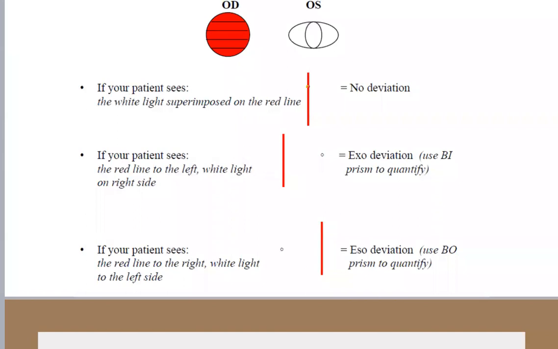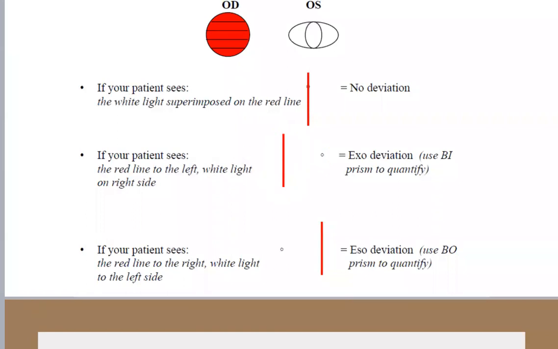But if the patient is orthophoric, there is no deviation. The patient has no manifest or latent strabismus. This will result in the dot being exactly on the line. If the patient has exo, look at this one. This will result in crossed diplopia, because the left eye will see the white dot on the right, and the right eye will see the red line on the left.